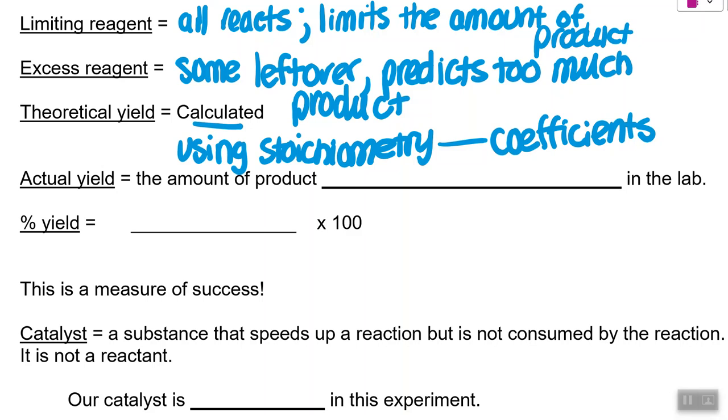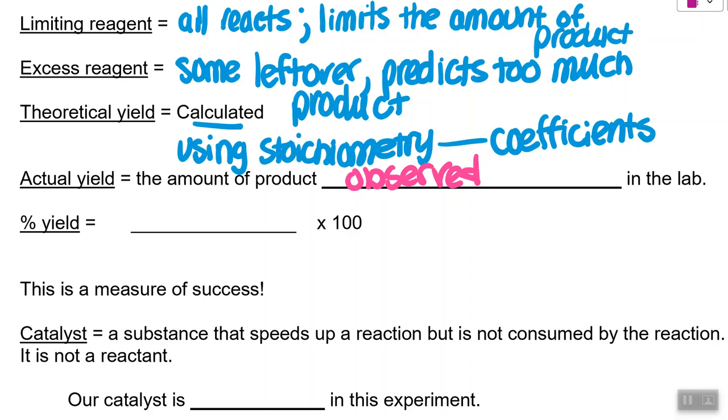The actual yield is the amount of product observed in the lab. And by observed in the lab, in your case, you're going to get your aspirin at the end, this white powder, and you're going to weigh it on the balance, and that will be your actual yield.